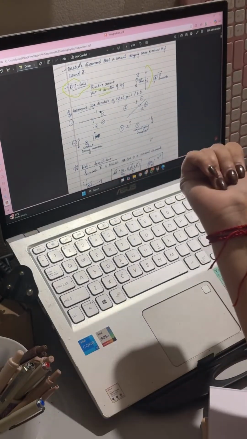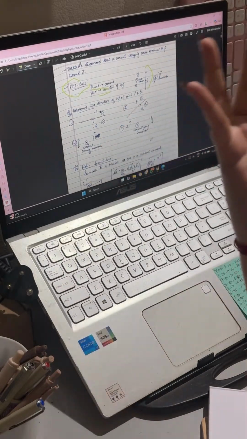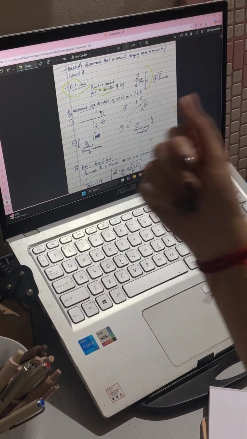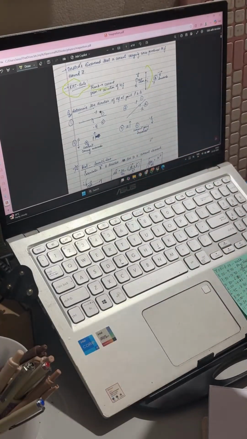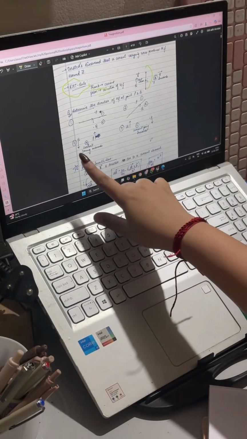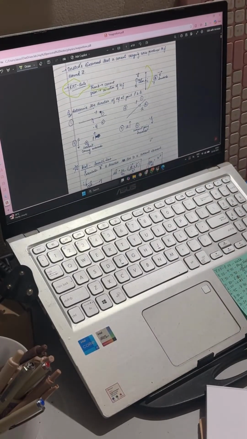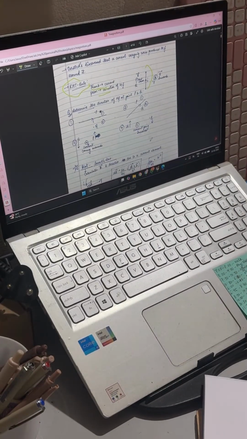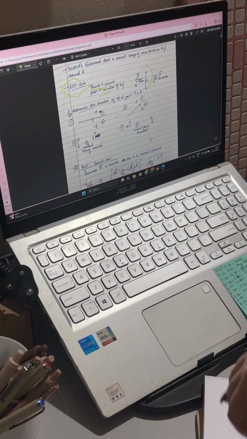This is the point P and this is the point Q. Then it's coming and going like this. The similar goes for this one. It's coming out and then going in. Okay. So this is this.